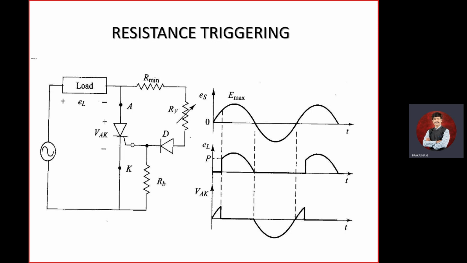After that, whatever input voltage is there, the same voltage will appear on the load. It has reached the maximum, then the input voltage is decreasing. Whatever is happening with the input, the same thing is happening with the output, that is the load voltage.